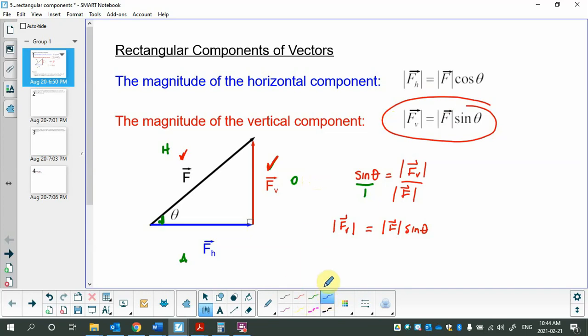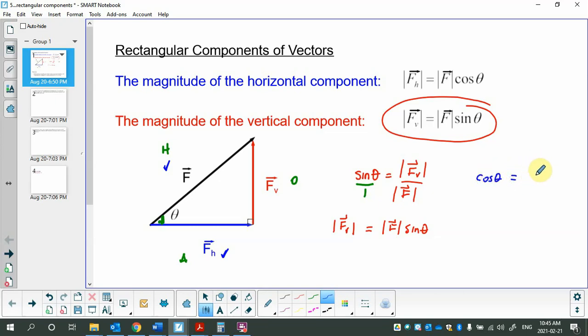Now let's do it again with blue. So I'm just going to take a moment to get rid of these two things. And if I want to do the blue vector, it means that I need this information, and I need this, and that's A and H, and A and H is cosine.